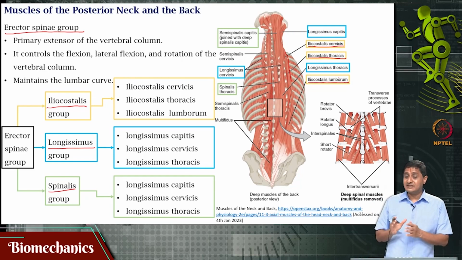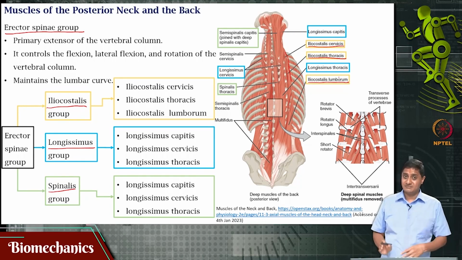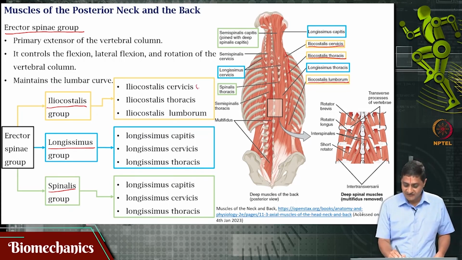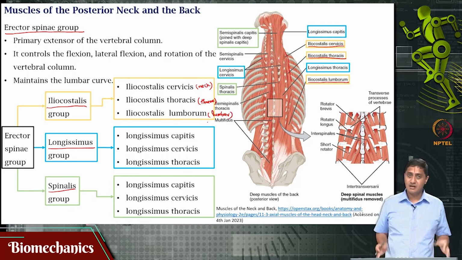Those that are present most lateral from the axis are called the iliocostalis group. Those at the level of the neck are called iliocostalis cervicis. Those at the level of the thorax are called iliocostalis thoracis. At the level of the lumbar region, they are called iliocostalis lumborum.